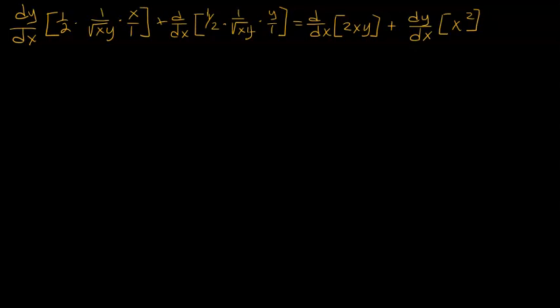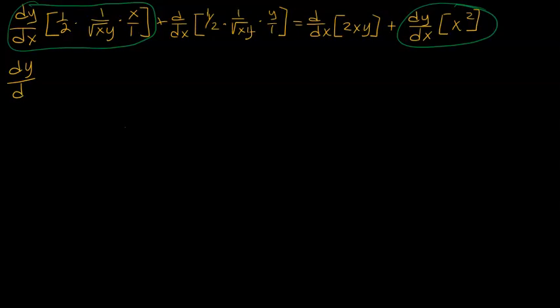Great. So we're just going to put all the dy together, and we're going to put everything else on the other side. Let me see what I have for dy. This whole thing is dy dx, and this whole thing is dy dx. Everything else is going to go on the right side. So let's go ahead and do that. I have dy dx, and I'm going to scrunch them together. So what I end up with is 2x square root of xy.